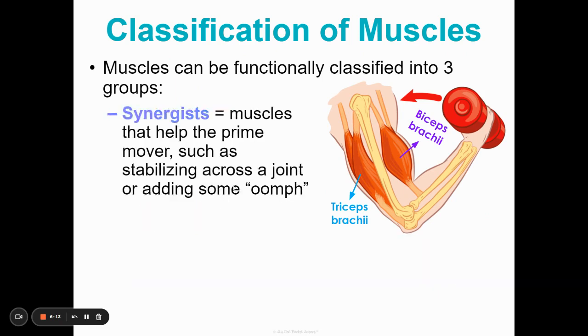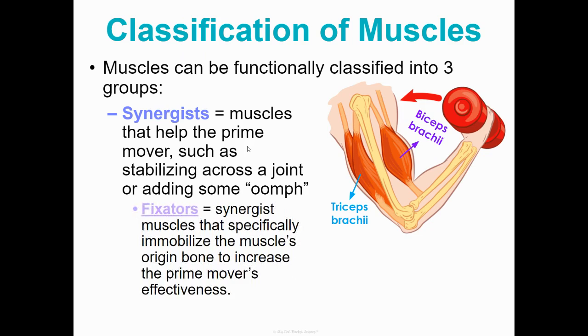Okay, here's our final group. We've got our synergists, and synergists are muscles that help a prime mover. Sometimes they're just stabilizing muscles and they'll add a little extra oomph. An example might be a fixator, which is a type of muscle that specifically immobilizes the origin bone to increase the prime mover's effectiveness.